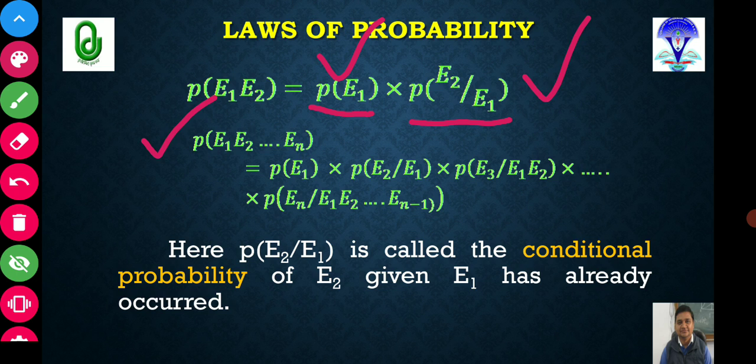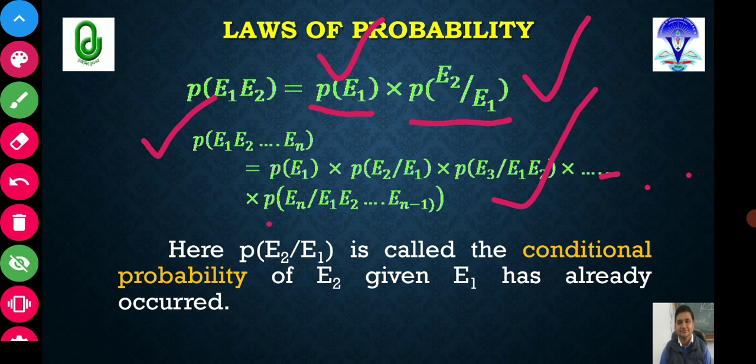Similarly, if there are n events, then it will be P(E1) into P(E2 given E1) into P(E3 given E1 and E2), and similarly P(En given E1, E2, E3 up to En minus 1). This is the probability for n events.